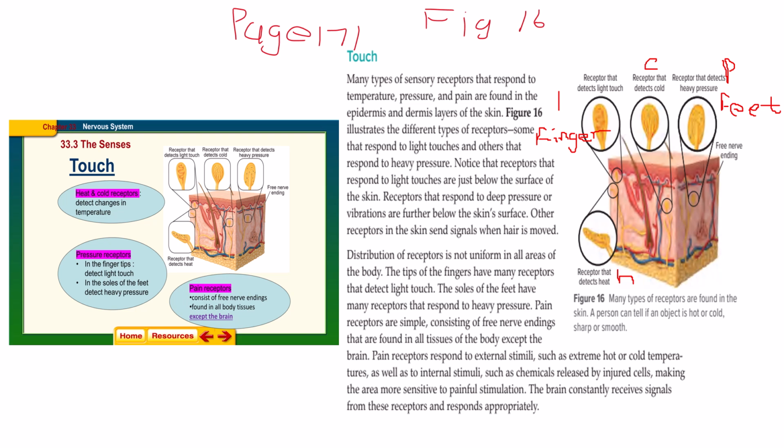Then coming to the next, which is touch. You know that there are different receptors for cold, heat, pressure and pain. You need to know which one is responsible for what.